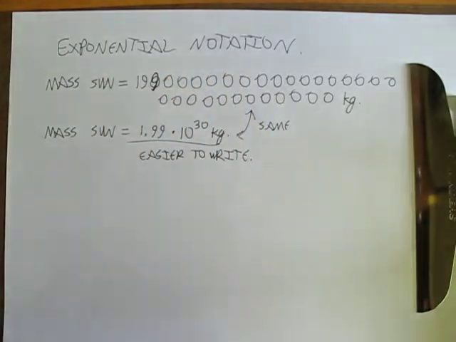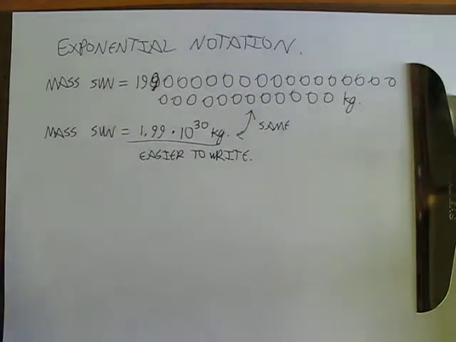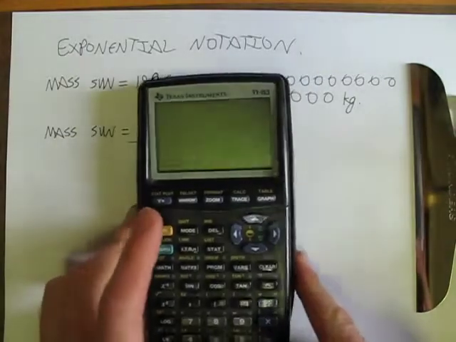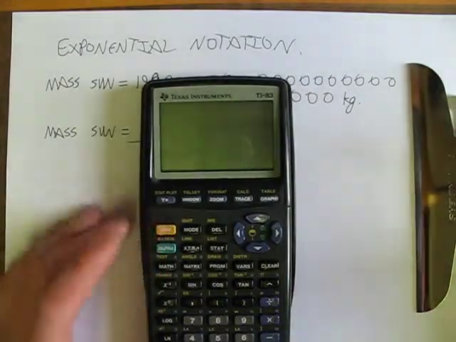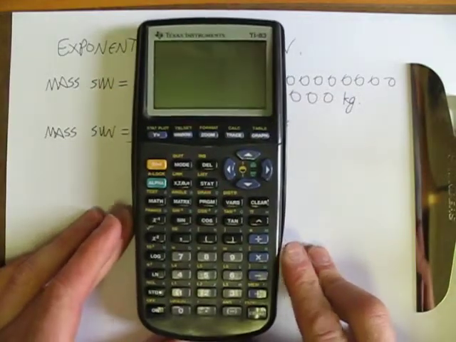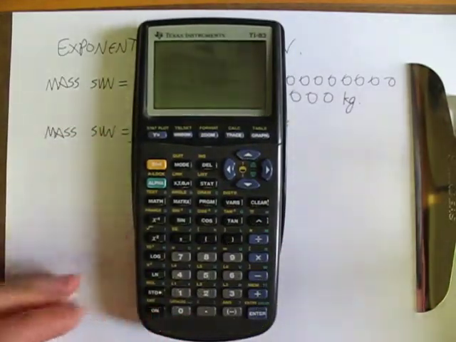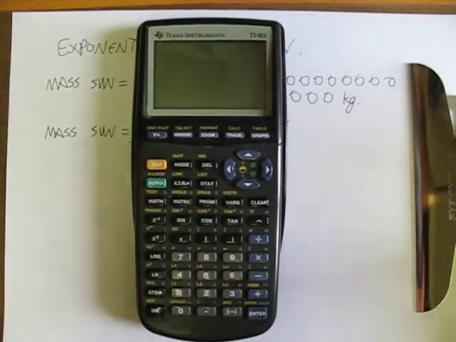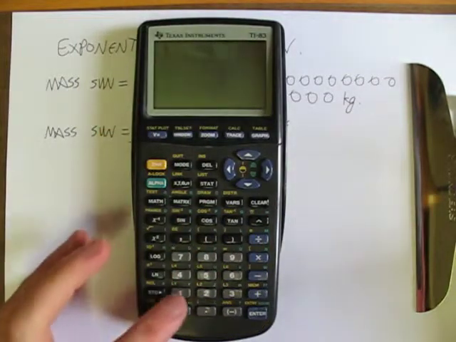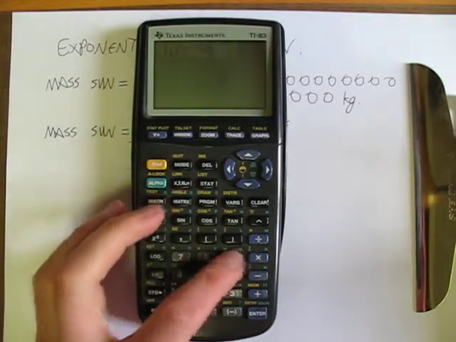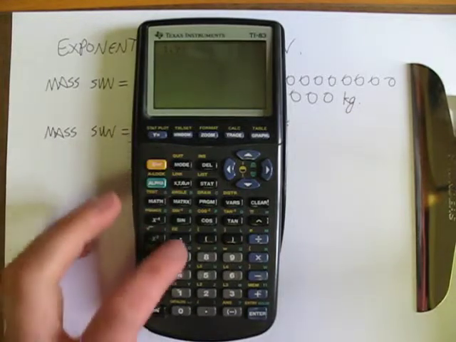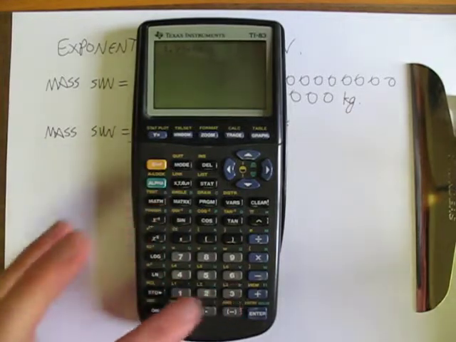Now, how do we do this on a calculator? If I want to enter the mass of the sun into my calculator, I turn it on and clear it out, and I enter 1.99 and then hit second EE 30.